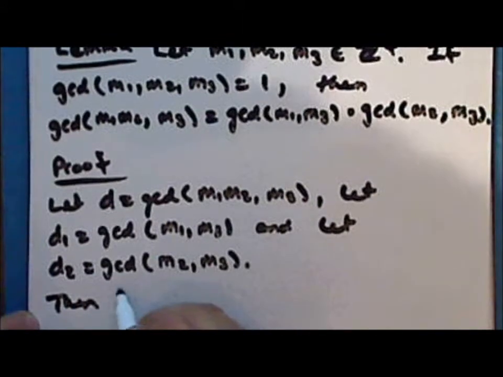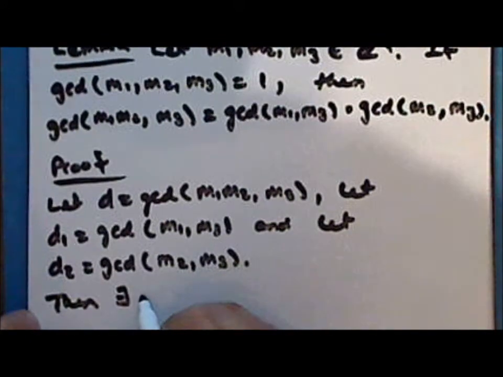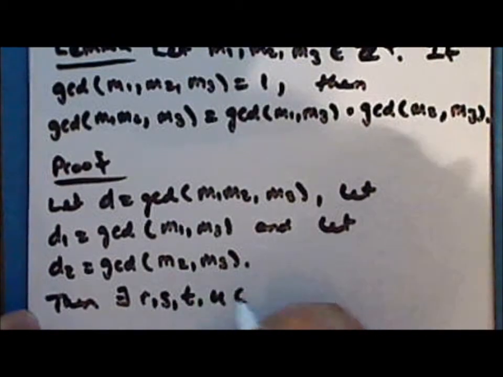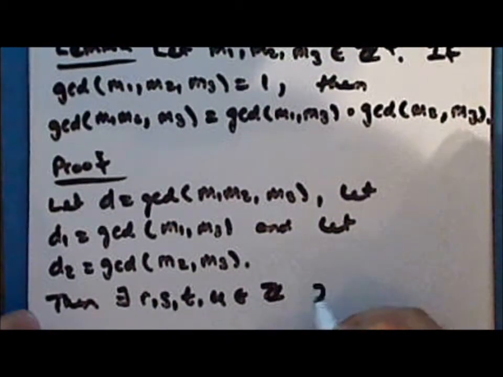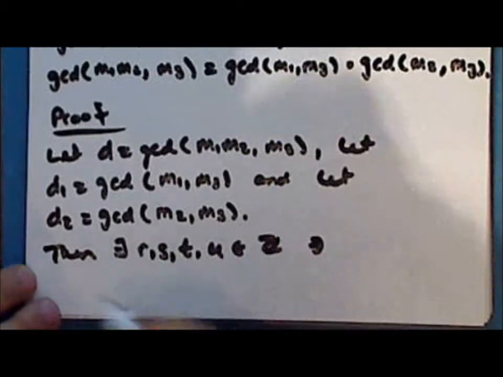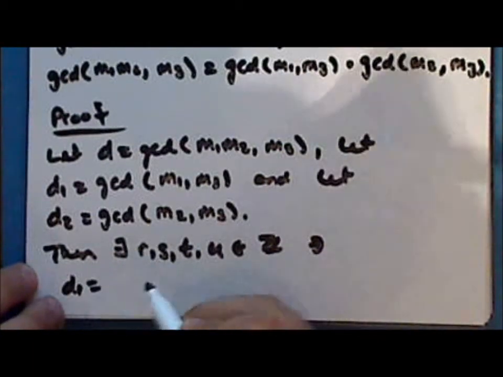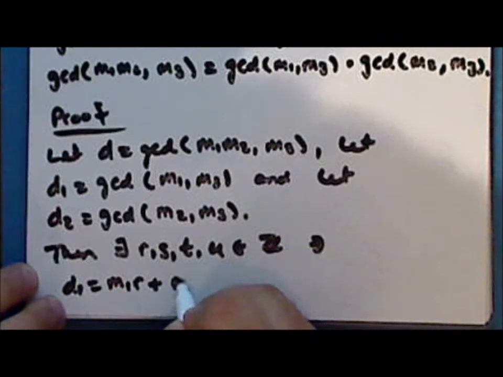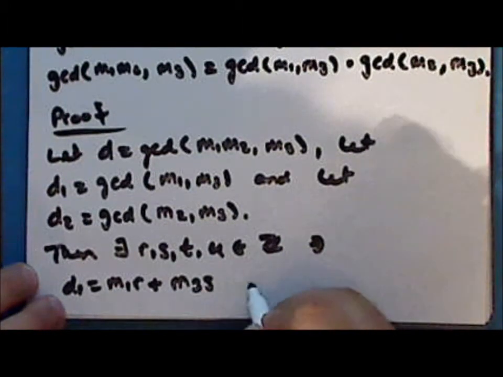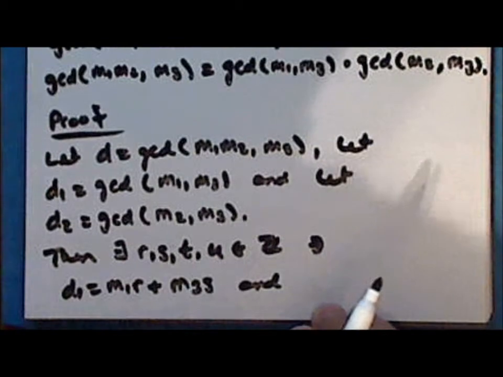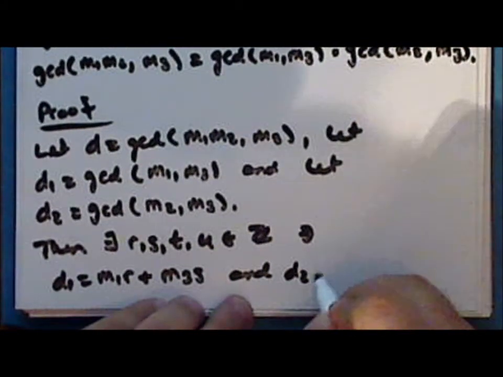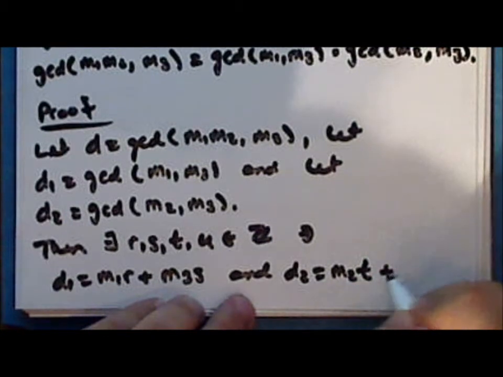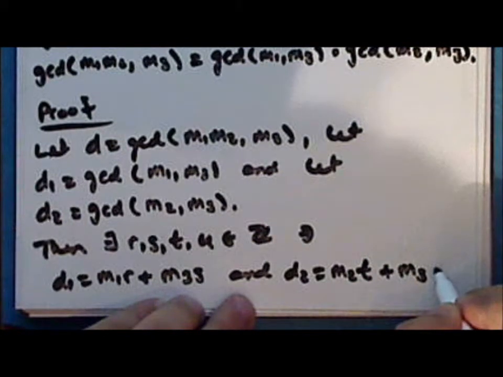Then there exist integers r, s, t, and u such that d sub 1 is equal to m sub 1 times r plus m sub 3 times s, and d sub 2 is equal to m sub 2 times t plus m sub 3 times u.